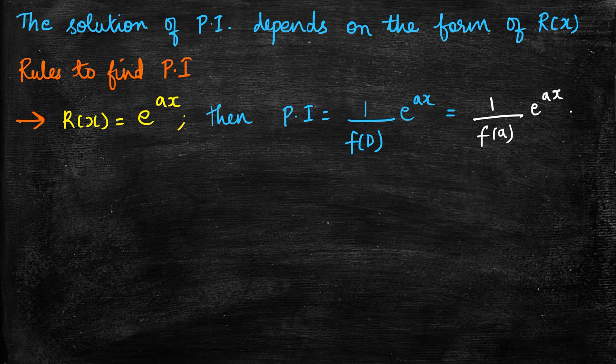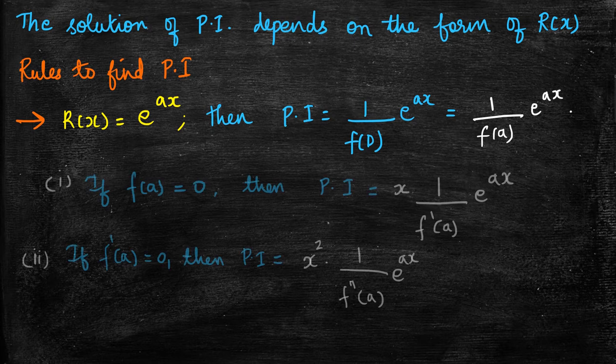Now what do you have to do? After writing this, in the place of d you are going to substitute a. Because e power ax has the term a, you substitute that a in your d terms. That is your first step to find the particular integral.